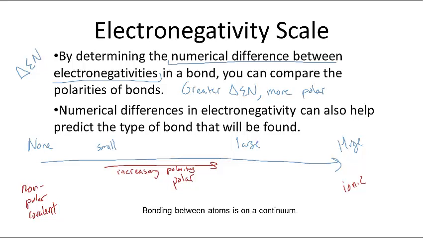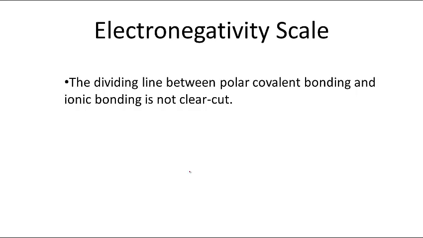You'll find books that say the dividing line between polar covalent and ionic bonding is 2.1. Well, you can find plenty of examples on the periodic table where the electronegativity difference is less than 2.1, but it is an ionic bond. So for us, we're going to stick with the idea of metals and nonmetals defining an ionic bond.